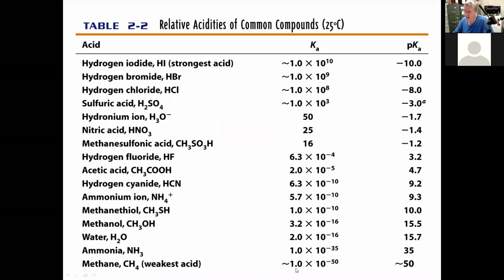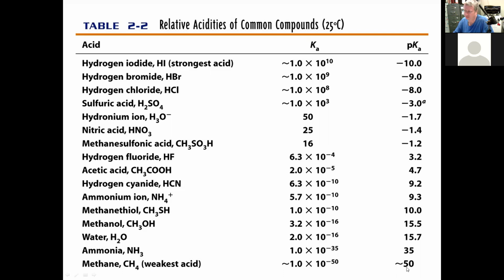Let's look at a couple acids going from crazy acidic to crazy non-acidic. HI, hydrogen iodide, is probably one of the strongest acids known. The pKa is negative 10. And remember, a low number is more acidic. The opposite extreme is methane, or alkanes.